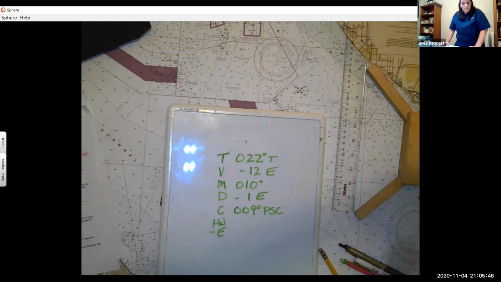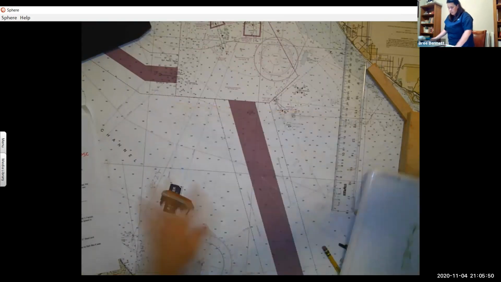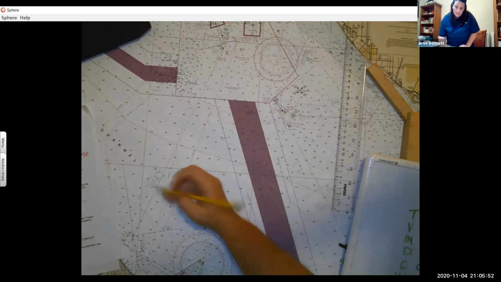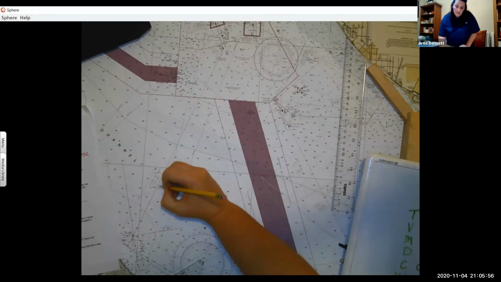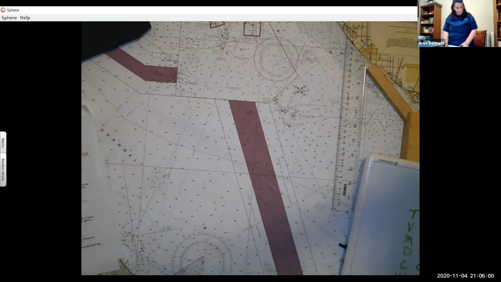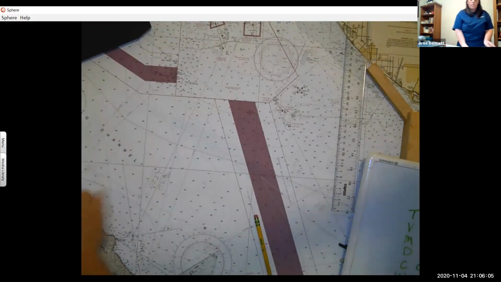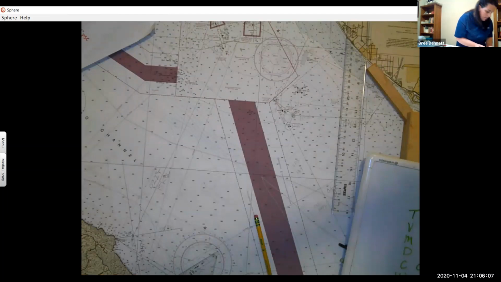Then it told us our speed was 15 knots. So what is our ETA? We have our course of 022 at 15 knots. We need to find our distance. So I'll start with my 5.